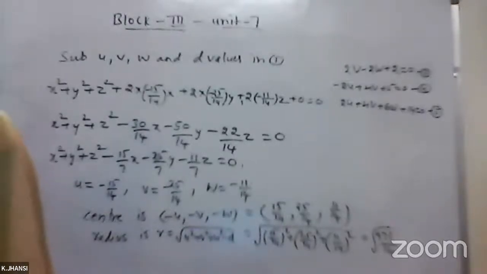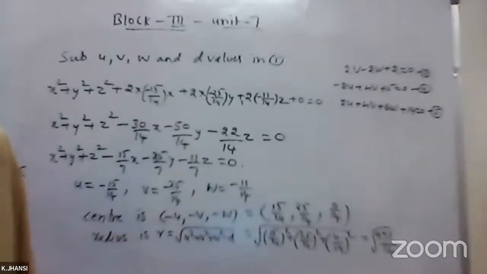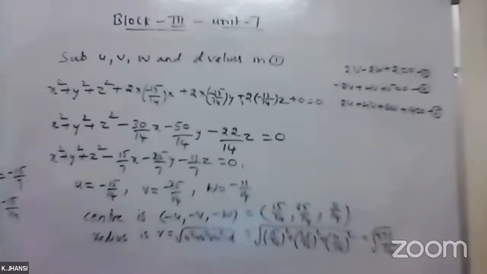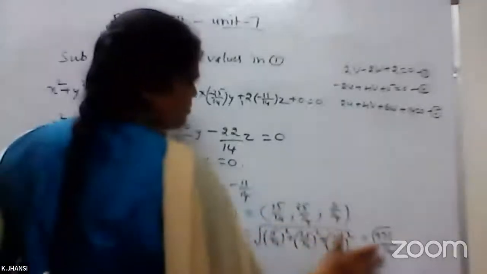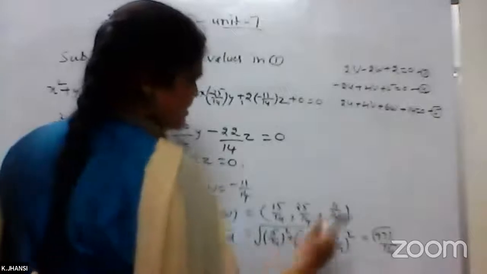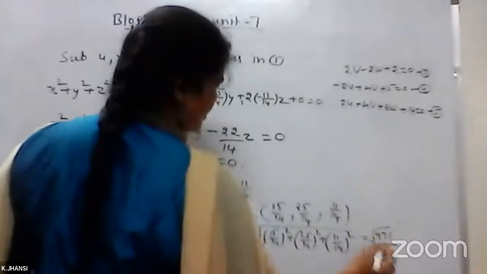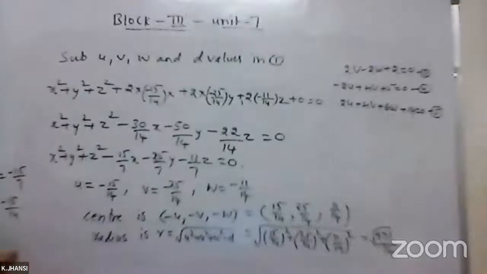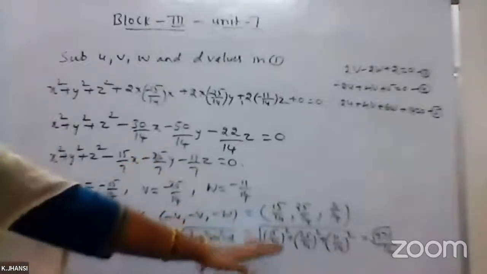Many example problems and exercise problems are there on this, so try to solve all those problems. In the question only the equations are given; the radius and center are not asked, but you follow the same procedure for other problems when they ask for the center and radius.